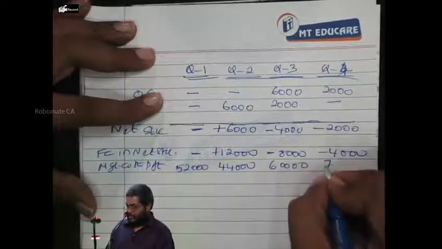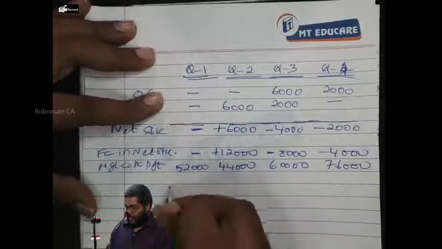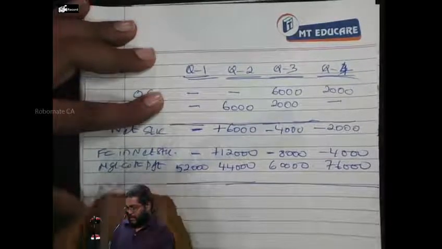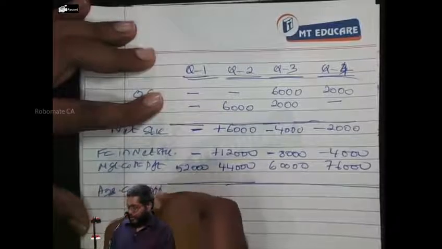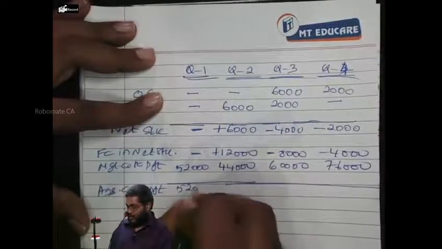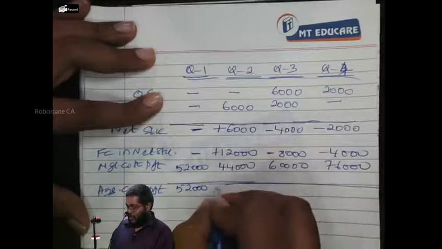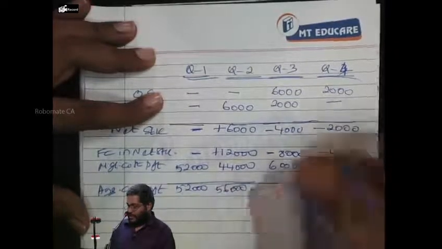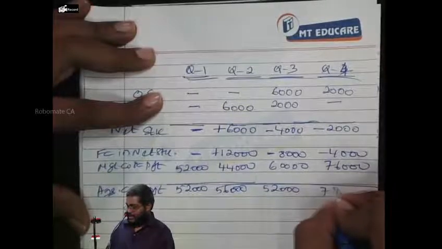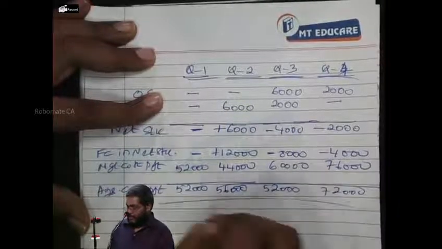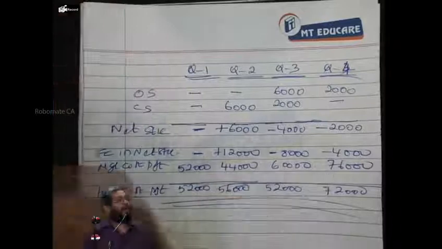Fourth quarter, 76,000. Now, if I adjust, I'll be getting the absorption costing profit. Tell me, how much is here? 52,000. 44 plus 12, 56,000. 60 minus 8, 52,000. And next is how much here? 72,000. This is going to be the profit under the absorption costing system. Are you following?